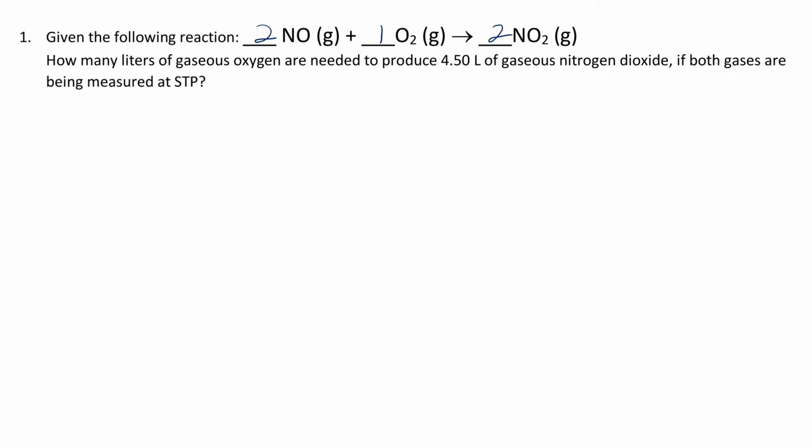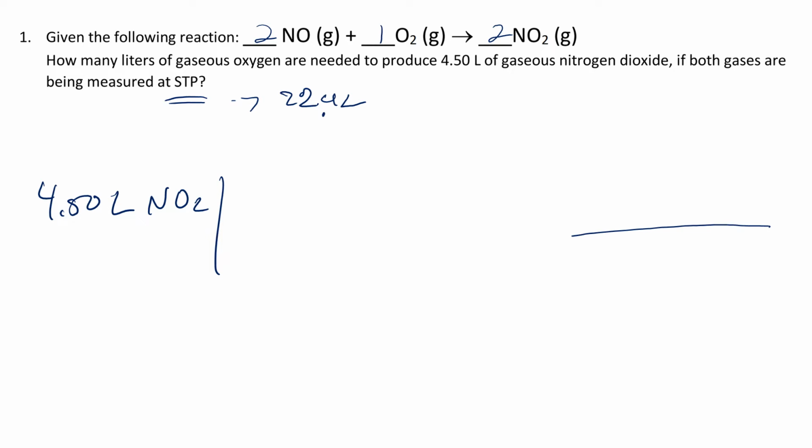So because my gases are both at STP, I can just use 22.4 liters. Start off with what I know, 4.50 liters of NO2. So they're both at STP. I'm going to use this fraction right here. So in 22.4 liters, it's 1 mole.